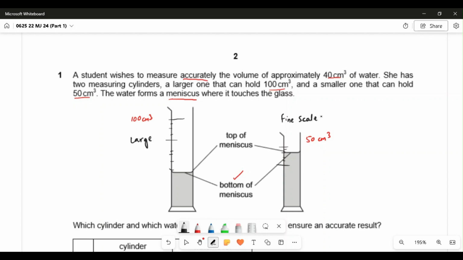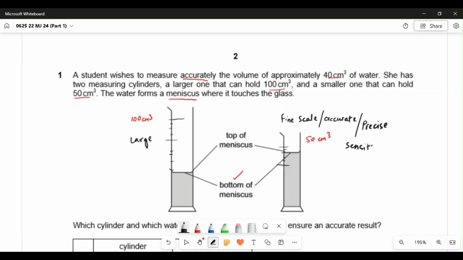The smaller cylinder will be more accurate and also more precise, or you can say sensitive.